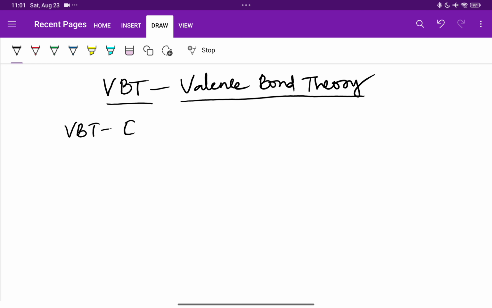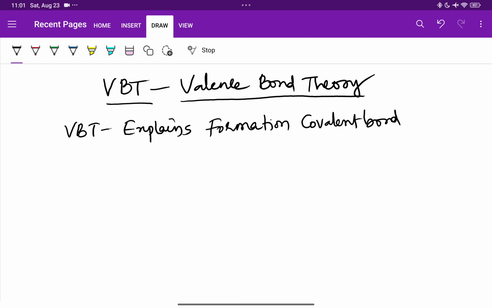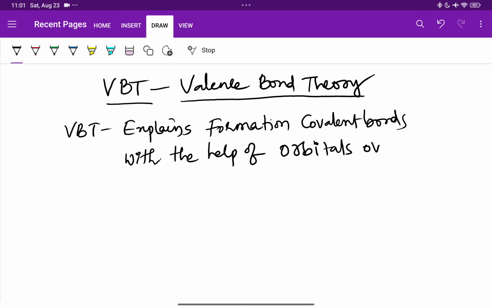VBT explains formation of covalent bonds with the help of orbitals overlapping. So VBT, valency bond theory, mainly tells covalent bond formation with the help of orbitals overlapping.